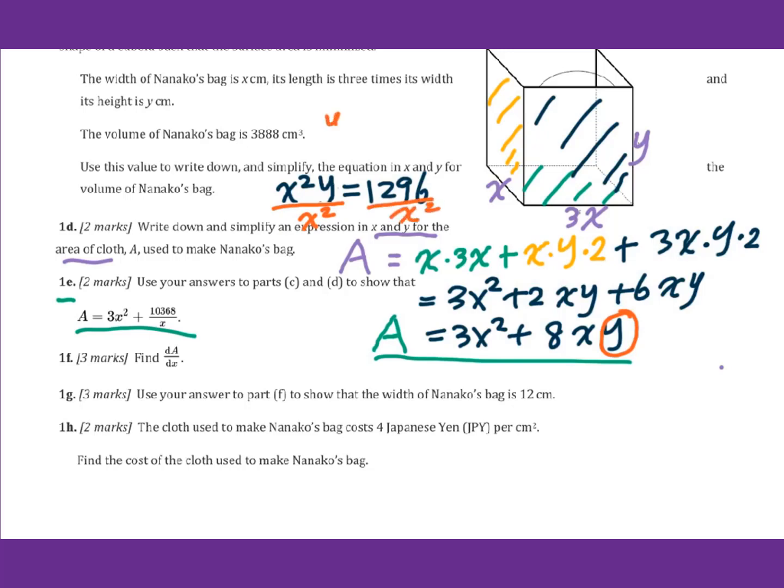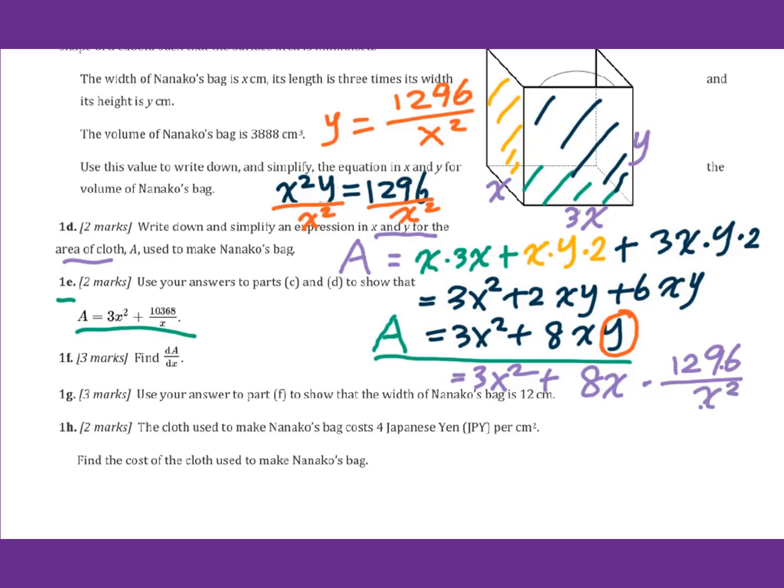You can get y equals 1296 over x squared. Therefore, we plug in here. You will get 3x squared plus 8x times 1296 over x squared. Therefore, you will get 3x squared plus 10368 over x.